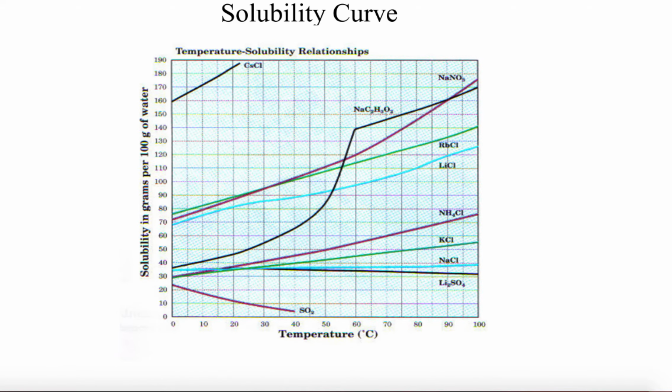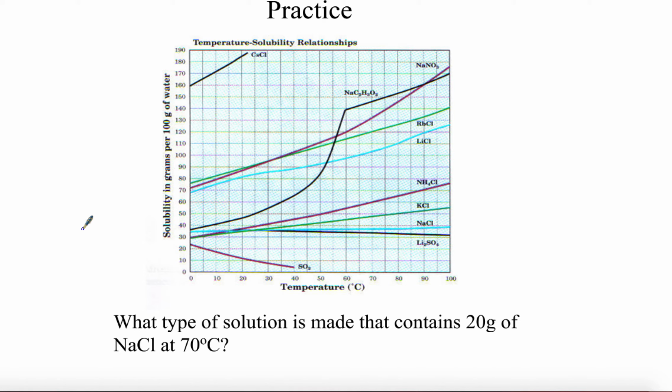So let's take a look at how we actually would use this. We want to know what type of solution is made that contains 20 grams of salt at 70 degrees centigrade. So we want to know, are we going to have an unsaturated, saturated, or supersaturated solution if I have dissolved 20 grams of salt in water at 70 degrees? So we want to find the solubility curve for salt. Here it is, NaCl.